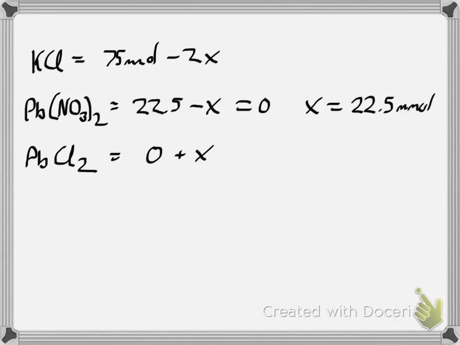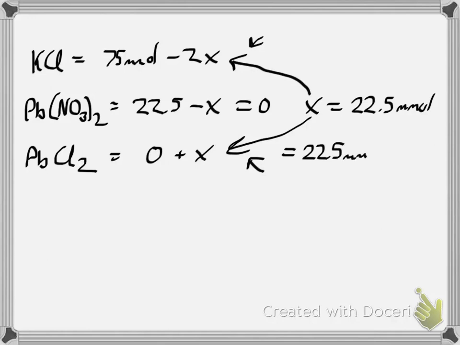Now, we can put that x into both of these equations. Here we solve for the quantity of KCl that remains, and here we solve for the theoretical yield of lead(II) chloride. And so lead(II) chloride, 0 plus 22.5 millimole x, is going to equal 22.5 millimole.